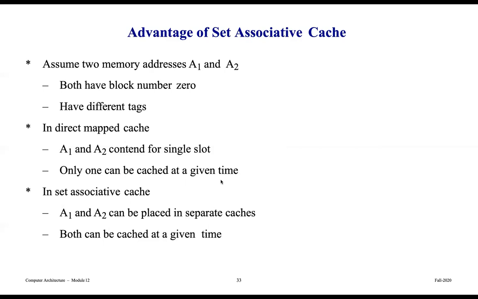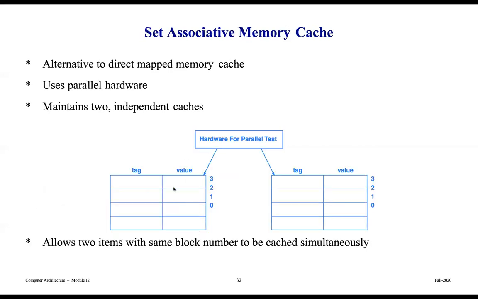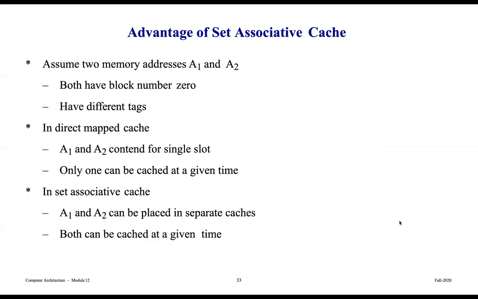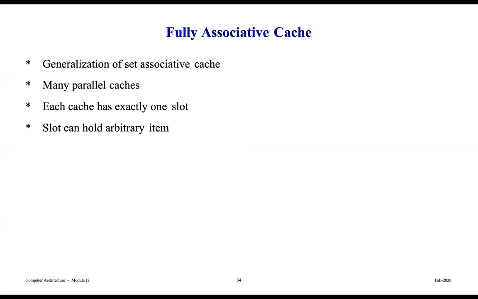In a set associative cache, A1 and A2 can be placed in separate caches. Both can be cached at a given time. So you don't have to wait for one or the other. You can be doing things in parallel, and the intent is to use that parallelism to increase performance.